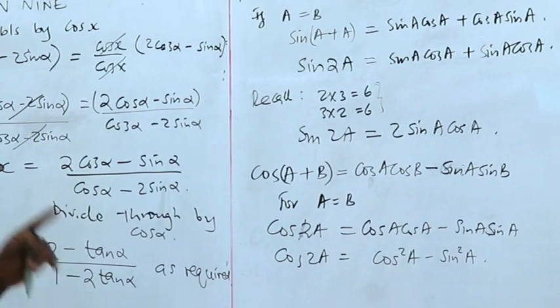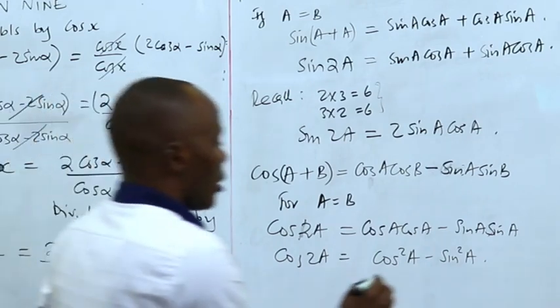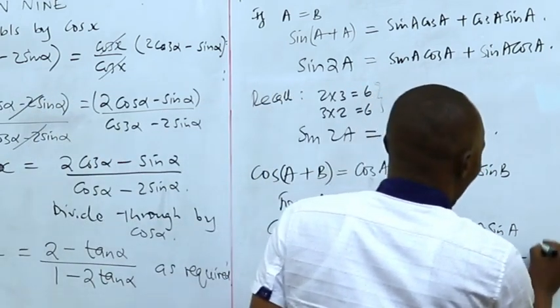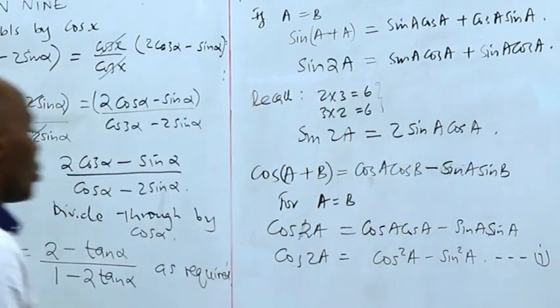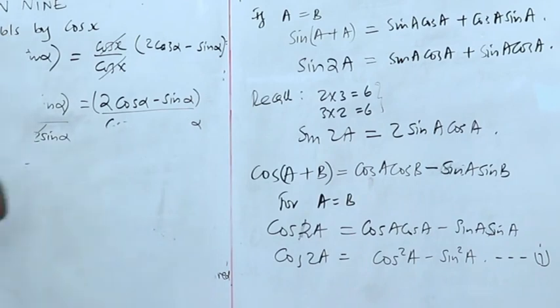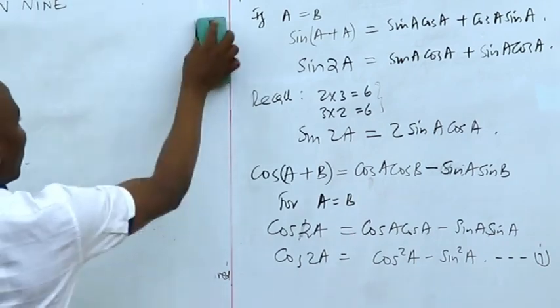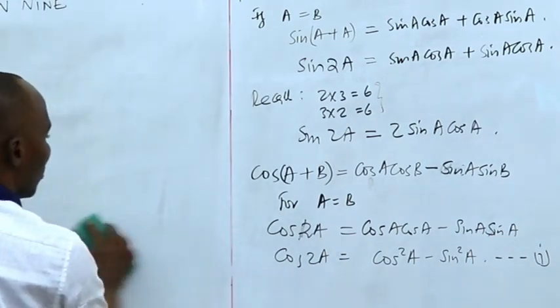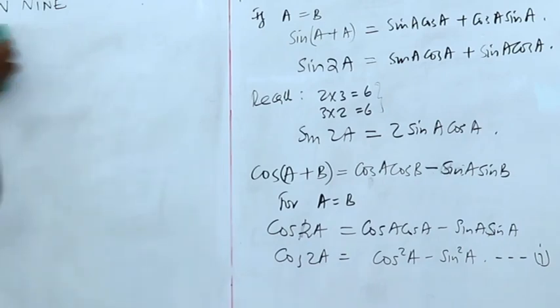Now, for cos of 2A, I have equation 1 there. Let me call that one equation 1.